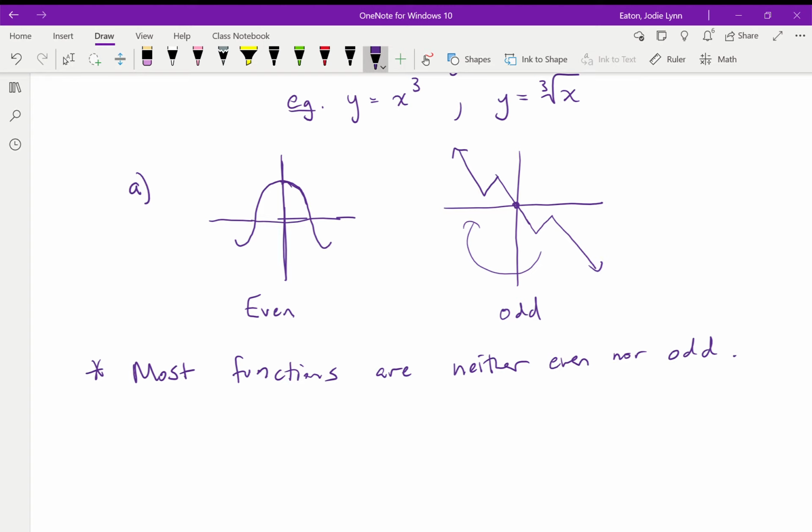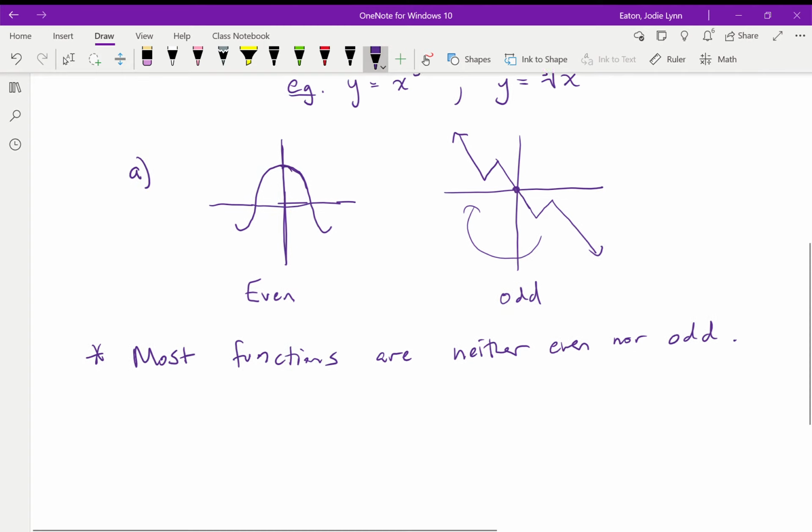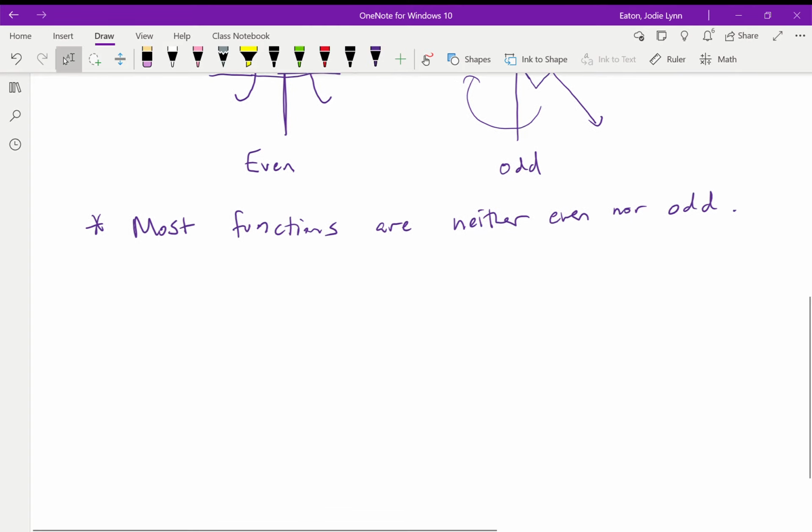Even or odd symmetry is something that's special to certain functions, but it's definitely not something that every single function has. Most functions do not. So you take a function like y equals x cubed, and you just add 1 to it. You translate it up 1 in the y direction. It's no longer odd. So just a little tiny change can keep a function from being either even or odd.